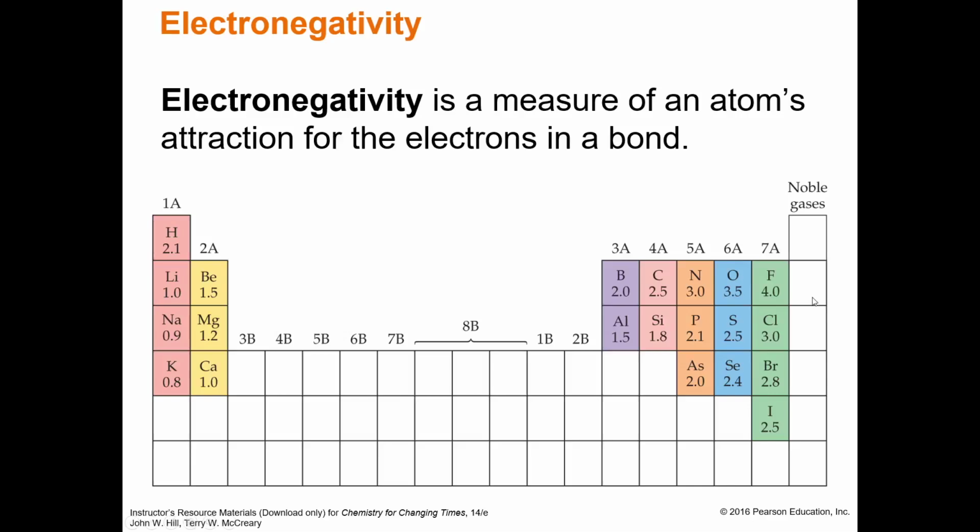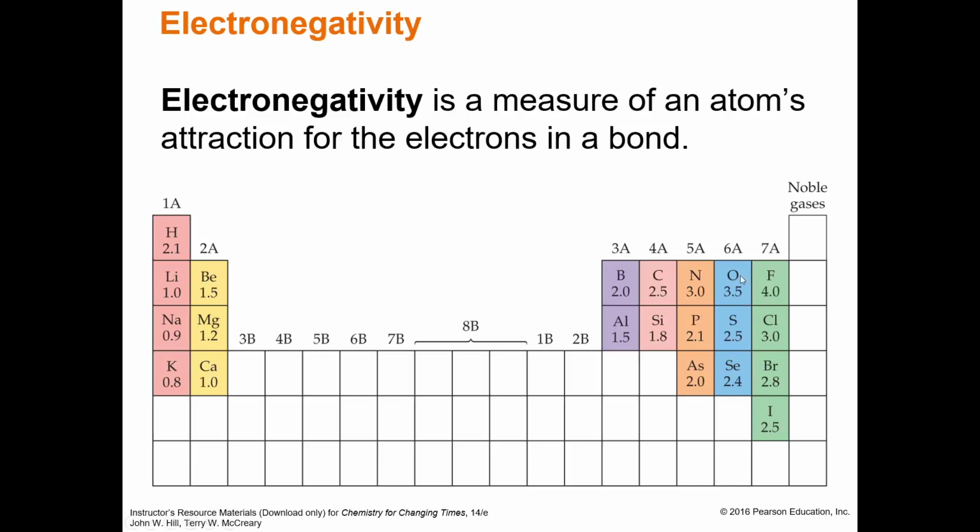If you get a big enough difference here, like a nonmetal with a metal, then one of them is going to take the electrons from the other. So for example, you have oxygen and potassium here. The oxygen is going to take the electron from the potassium, and that's actually what these electronegativities are showing you.